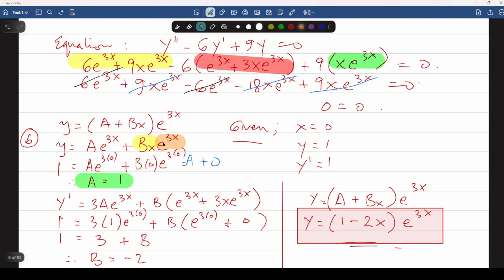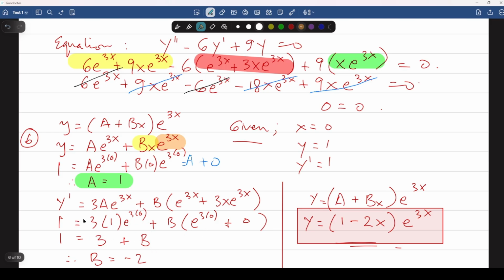This is again the product rule, so we apply the product rule. We take the b out, since b is not part of the product, it's a common factor, and expand the product rule of x times e to the 3x. The derivative will be e to the 3x plus 3x e to the 3x.